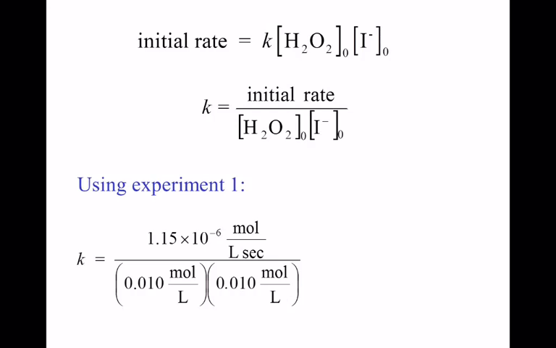So notice, though, that actually we do get the units that we said we should get. The moles per liter in the numerator cancels with one of the moles per liter in the denominator, and you end up with moles per liter in the denominator, which is the same thing as liters per mole. So we actually have a value for K.